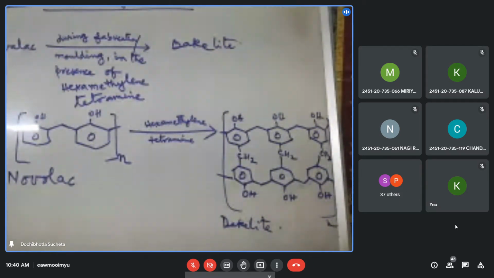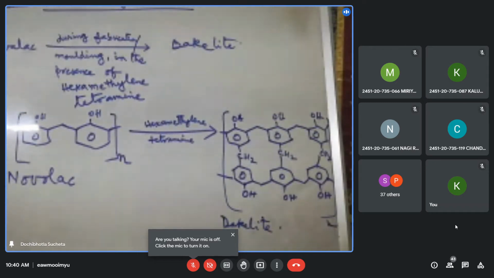Now I'd like to tell that this Bakelite formation is taking place in the presence of hexamethylene tetramine, which is providing formaldehyde molecules during the molding process. Okay, so write that point.